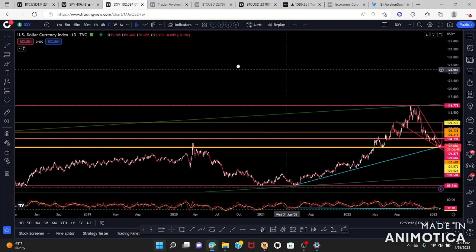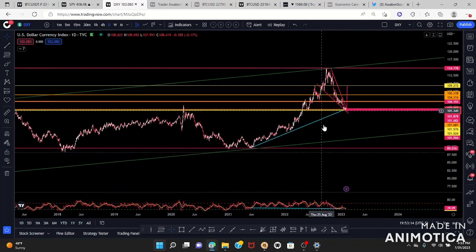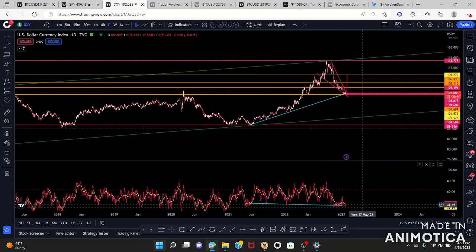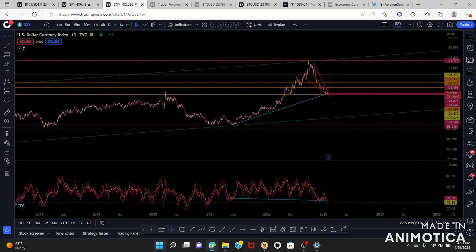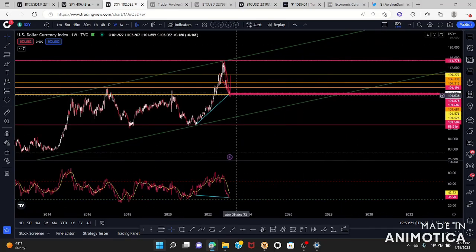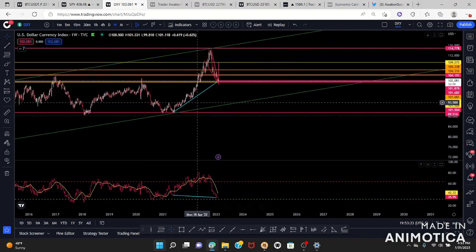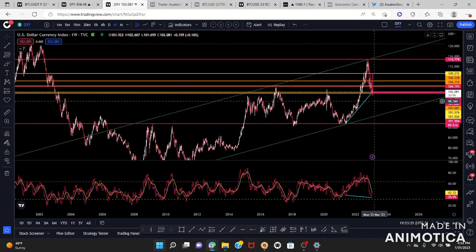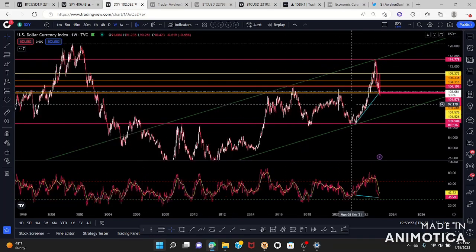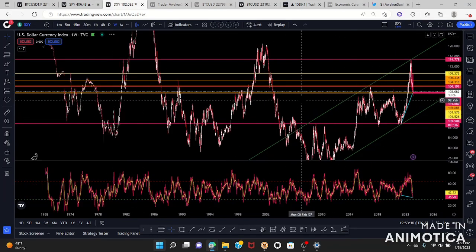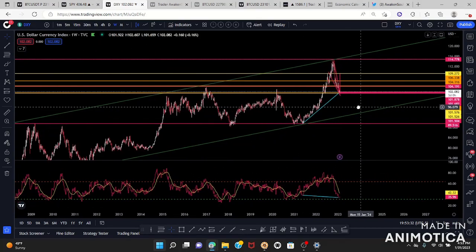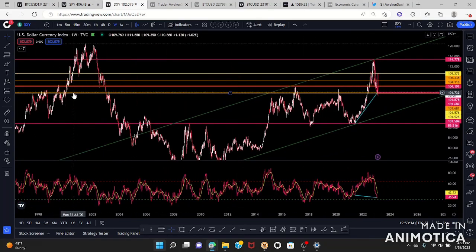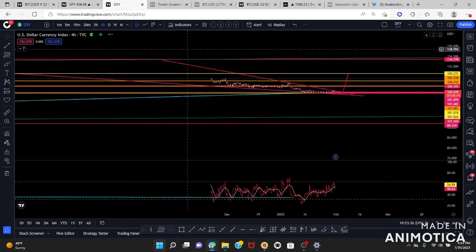So yeah, just based on there I was going to do DXY. So DXY on the weekly, you could see this super bullish divergence, and it's been resting right on a major resistance trend line that has been playing like resistance for a while, and now it's holding on as support.